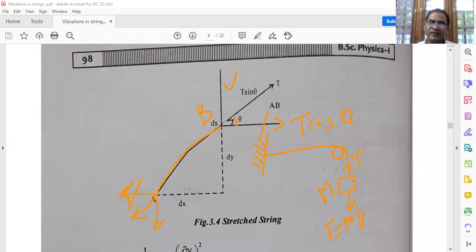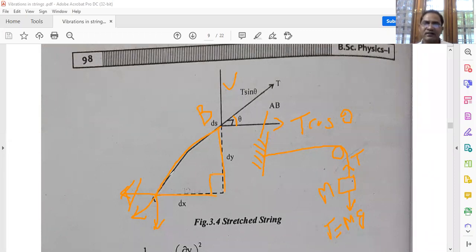Just concentrate at this point B. What I am saying is, the string of length dx changes into the length ds, an arc shape, when the string is in the vibrating mode. So when it is dx, this is dy. You can consider it as an almost right angle triangle, though of course it is in arc shape.